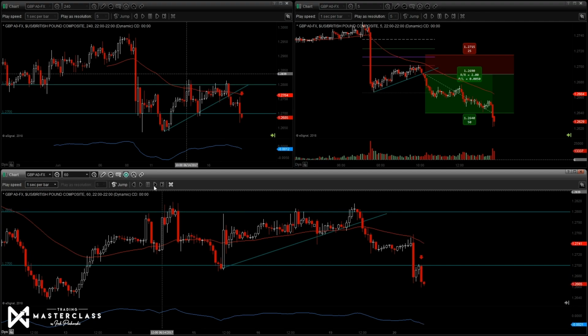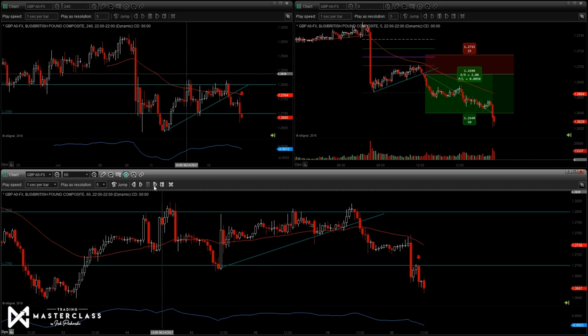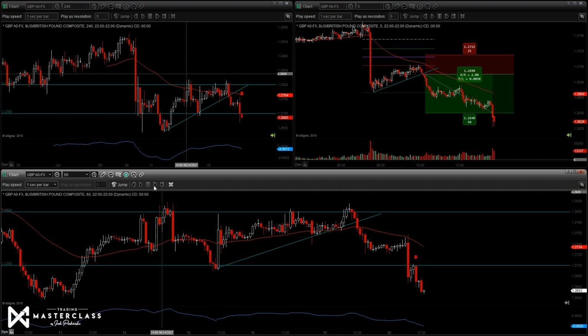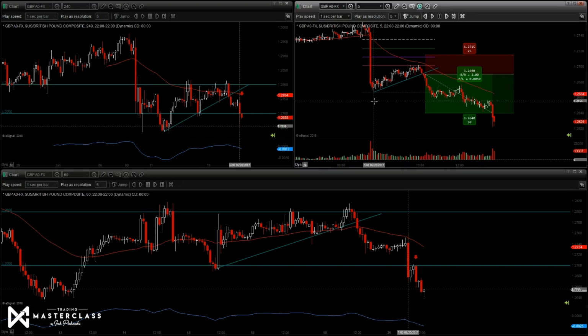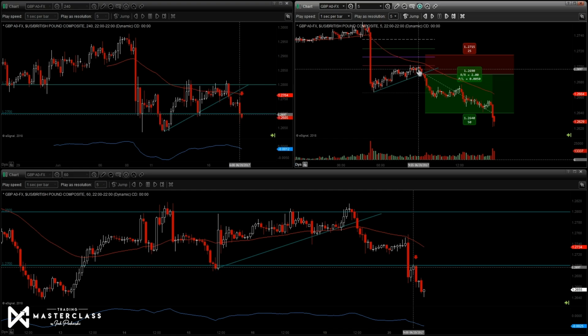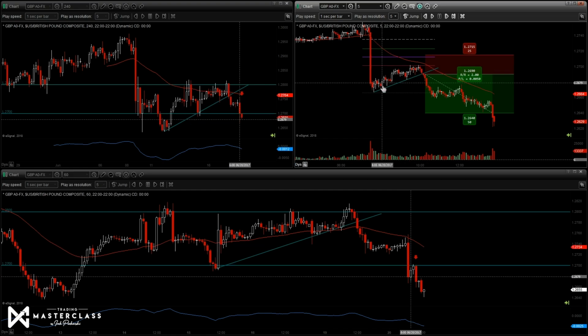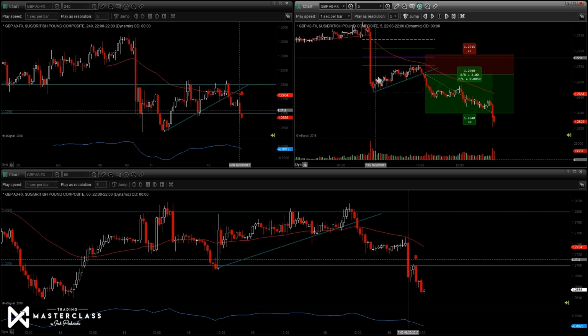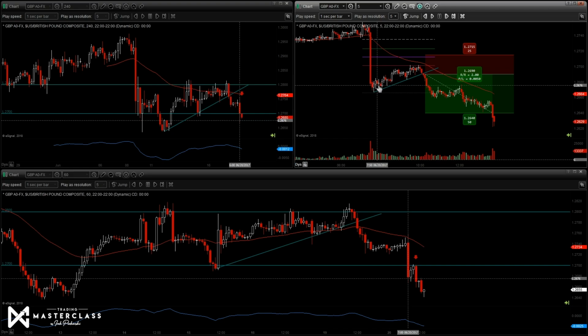This is not a difficult strategy. It's an easy strategy to learn. But like I said, don't utilize it all the time, because the other ones are still better. It has to be high impact. It has to give you this clear direction on high impact news or some kind of high impact momentum play.